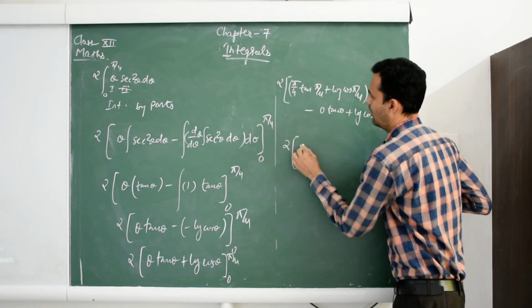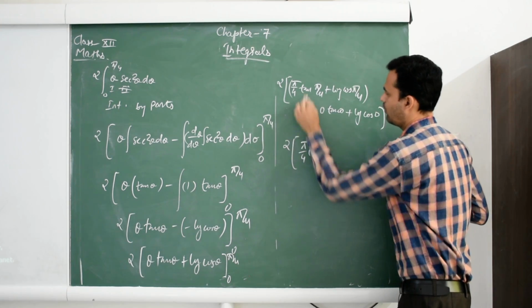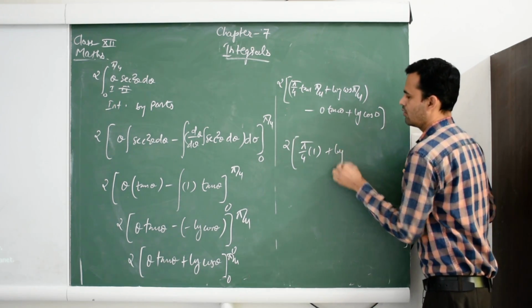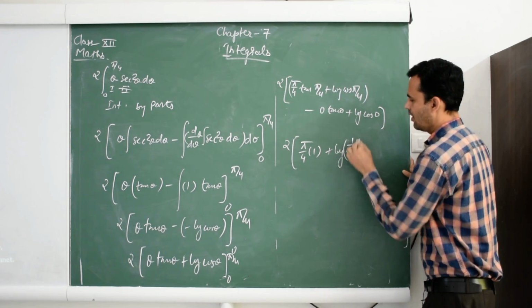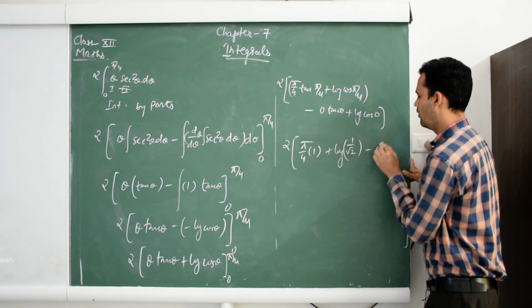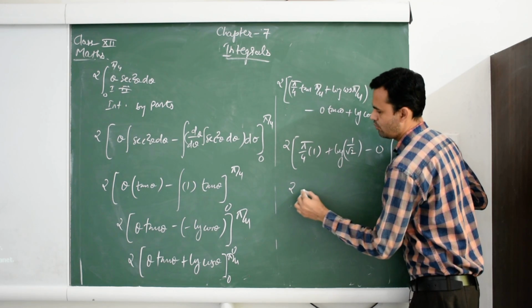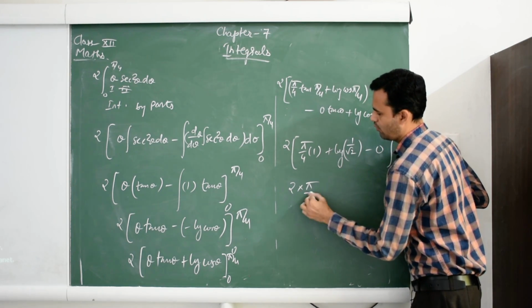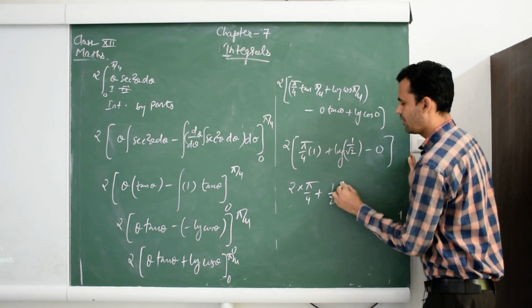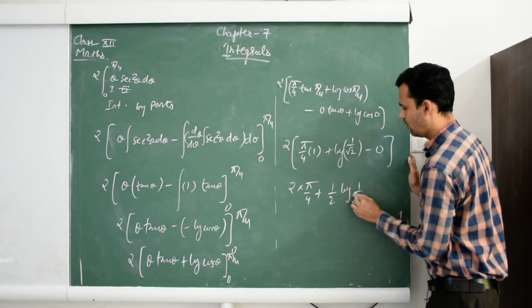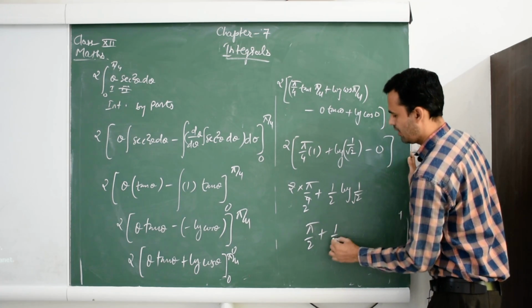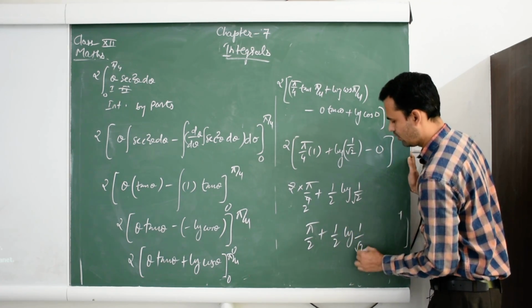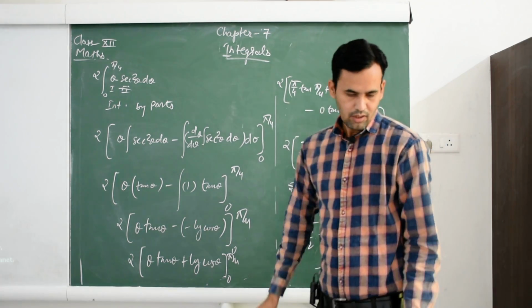So pi by 4 tan pi by 4 is pi by 4 times 1, plus log cos pi by 4, which is log 1 by root 2, and the lower limit part is 0. So 2 into pi by 4 plus 1 by 2 log of 1 by 2. So pi by 2 plus 1 by 2 log 1 by root 2 is the answer.